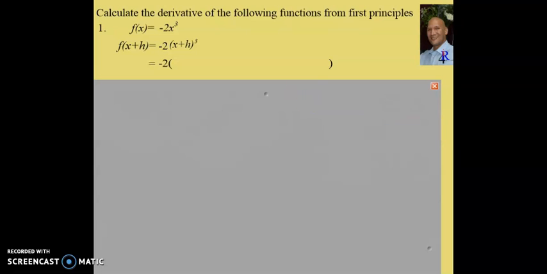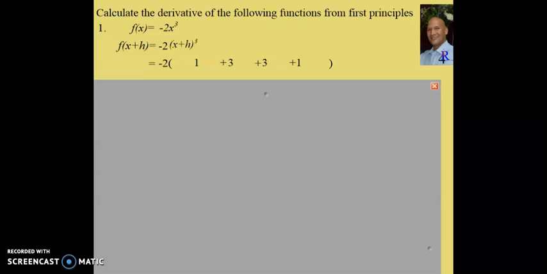Remember I said our answer will take the form of 1, 3, 3, 1 according to the Pascal triangle. So I firstly want to stress and reiterate, in this example it's x plus h, so all my values inside the bracket will be positive values.